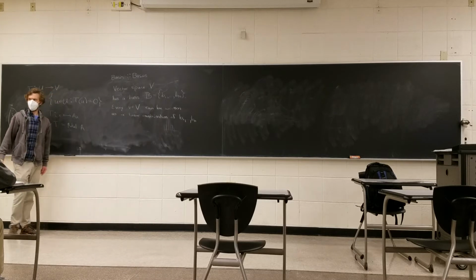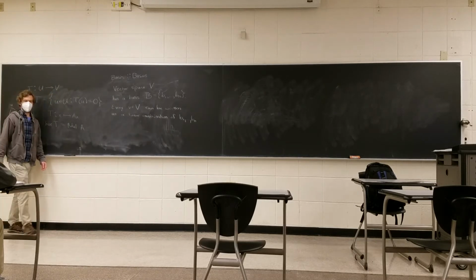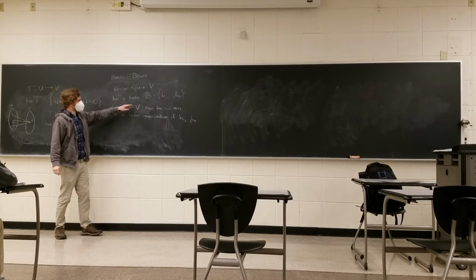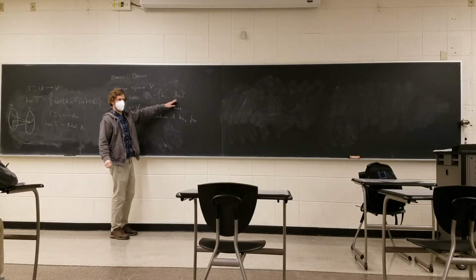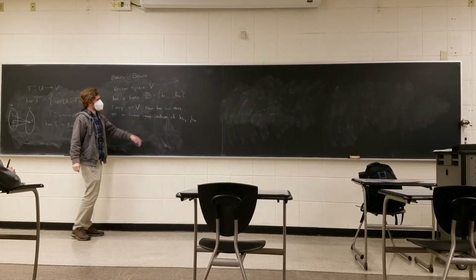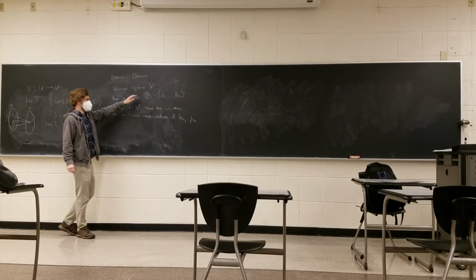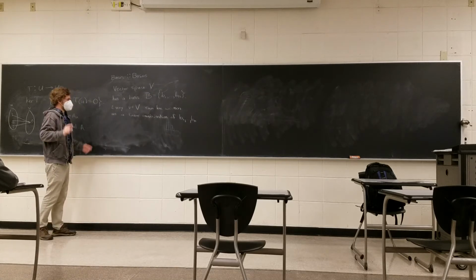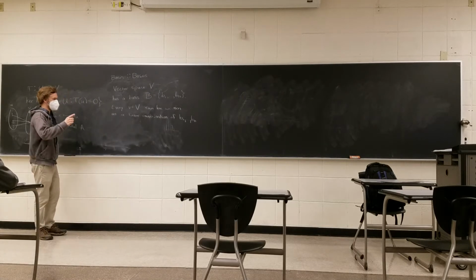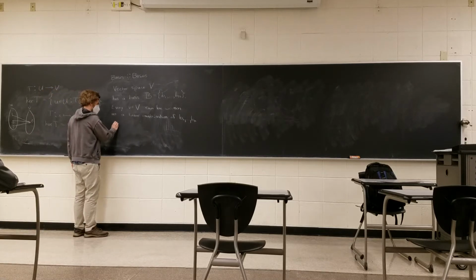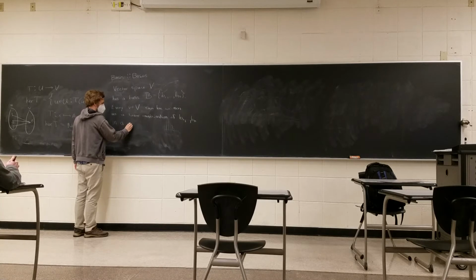This is part of the definition of a basis, right? V is spanned by these vectors. So these are all elements that are inside V, and if we take all the linear combinations, then we recover the entire space V. Okay, so anything can be written as a linear combination. What makes a basis special is that it can be written as a linear combination in a unique way.